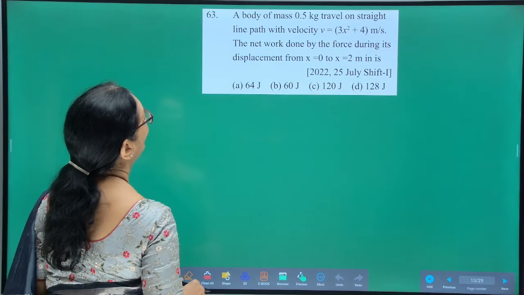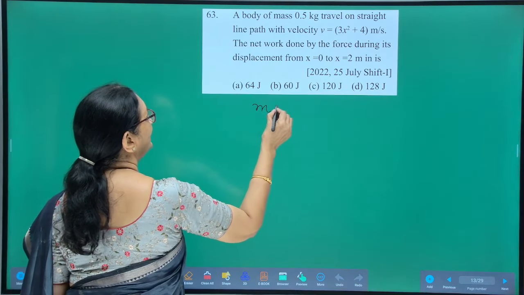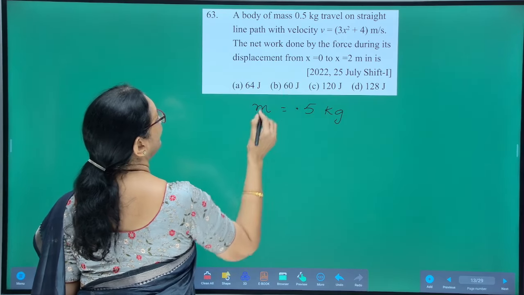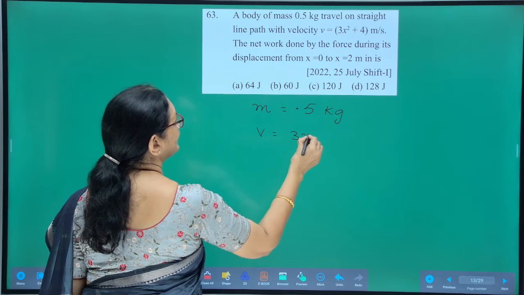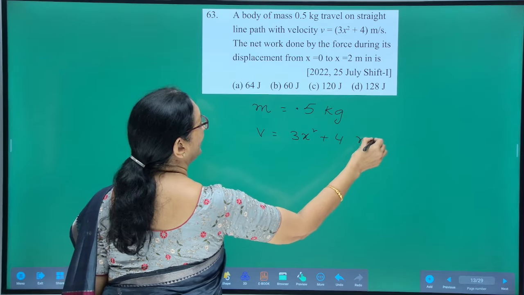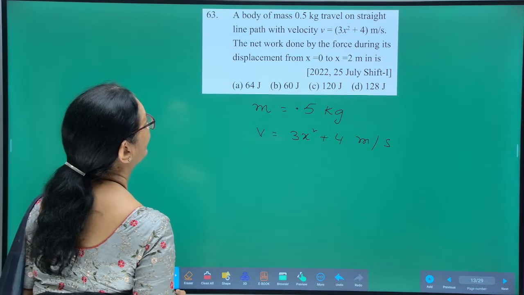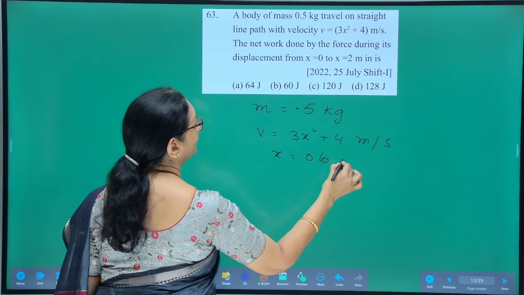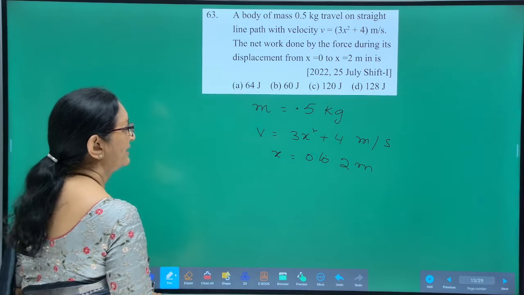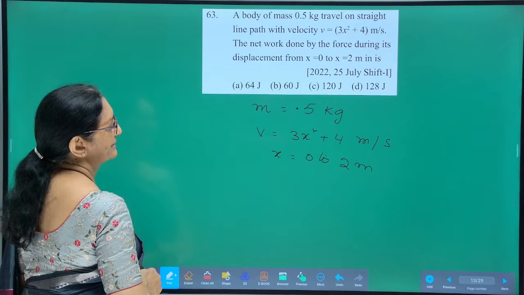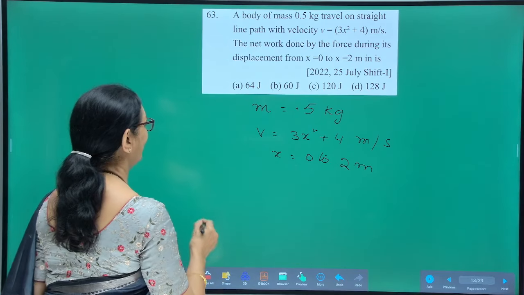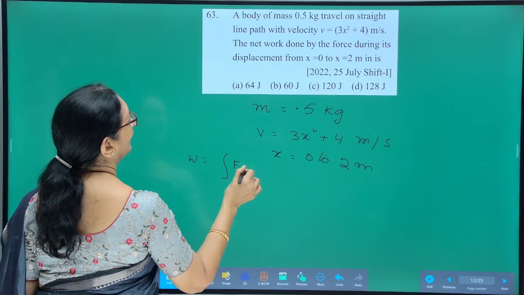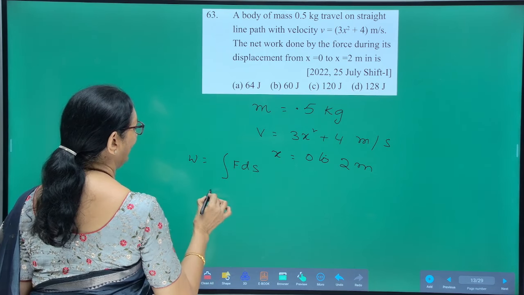It's interesting. A body of mass 0.5 kg travels on a straight line with a velocity 3x square plus 4 meter per second. Net work done by the force during its displacement x equal to 0 to 2 meters. So, here work done is equal to gain in kinetic energy, or integral F ds.